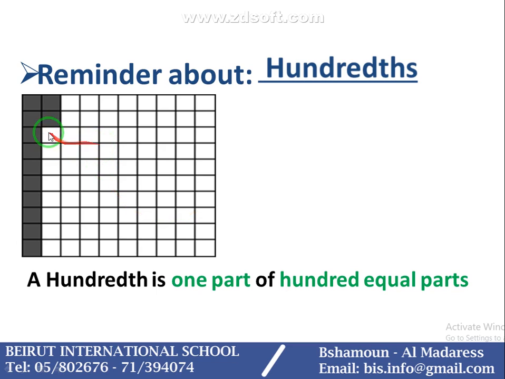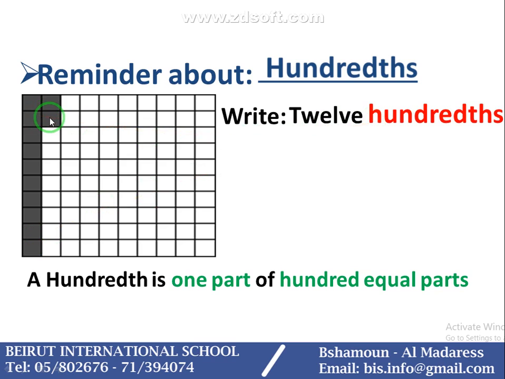Let's consider together the shaded squares only over here, or the colored little squares. If we want to represent them in words, we write 12 hundredths because each square, as we mentioned before, is actually one part of 100 equal parts, so we can denote it by the word hundredths.